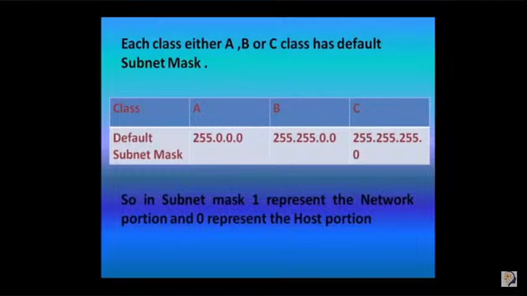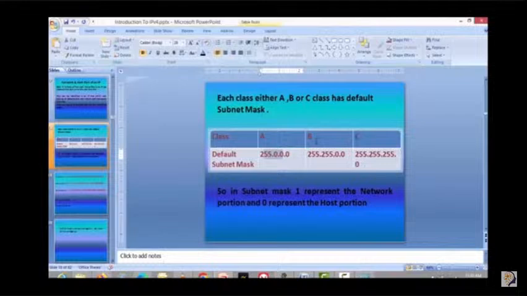It is the binary conversion. Means a single bit is on, a single bit of 1, 2, 3, 4, 5, 6, 7, 8. A single bit on is valid also. But when all bits are off, it is the network ID, and when all bits are on, that is the broadcast.